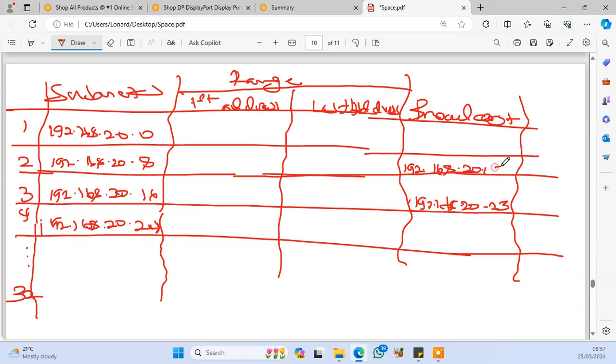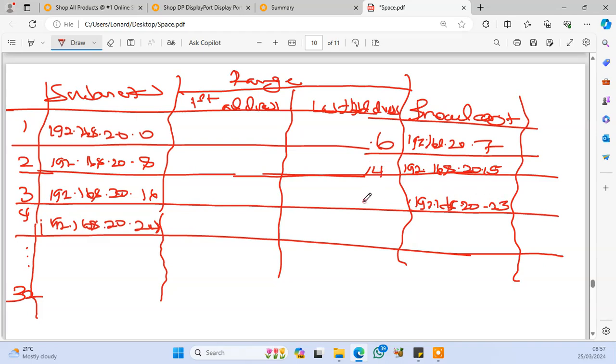192.168.20, then dot 15. If I want the broadcast here, I will just subtract: 192.168.20, then dot 7. You subtract the one here again, it will be dot 6. Here, if I subtract one, it will be dot 14.